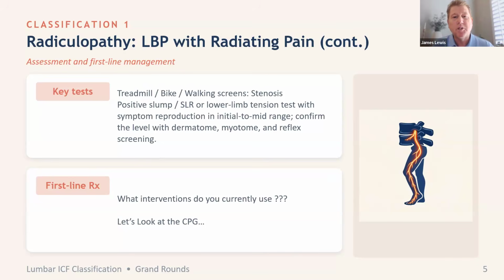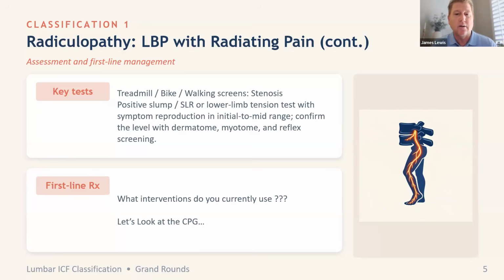Lumbar radiculopathy is probably one of those that's a little bit more of a mixed bag in my experience because there's such varied presentations in how acute and how things are tolerated, also people's perceptions of pain. And so you really have to be on your toes sometimes to get a treatment started and get the patient to buy into those treatments.